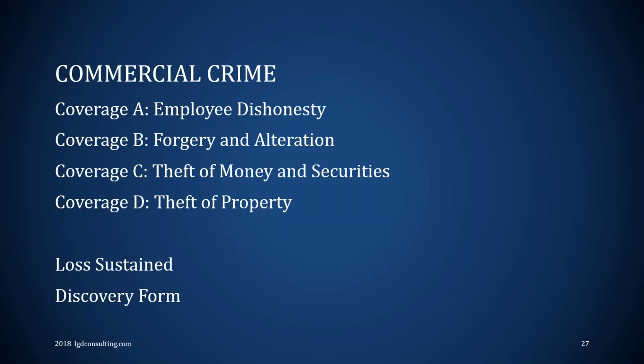Someone can steal your stuff. Now we have different coverage parts. Right? The first one here, coverage A, is employee dishonesty. This is actually a fidelity bond within the commercial crime program. Right? And so you may get a question that says, which of the following provides coverage for employee dishonesty?